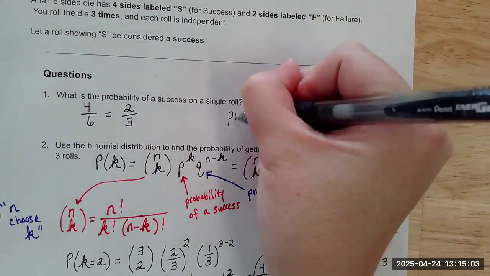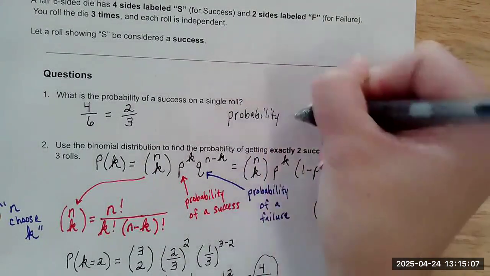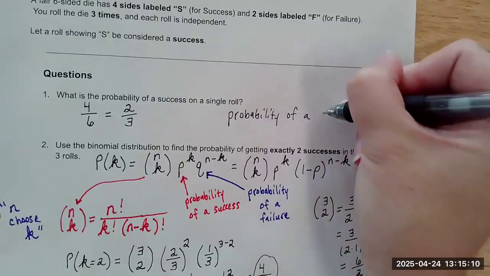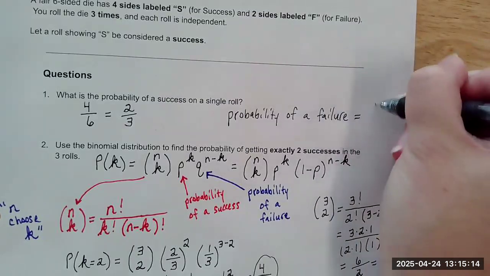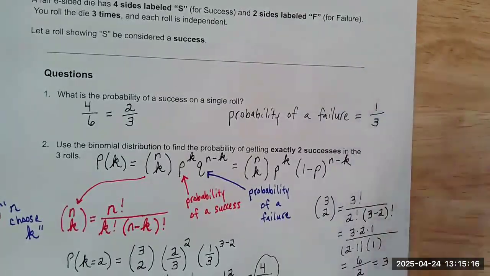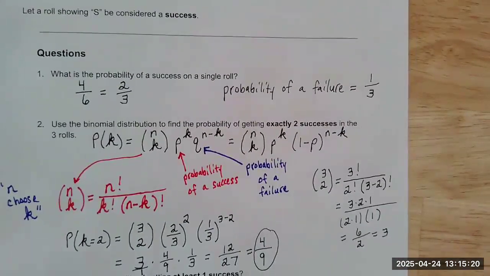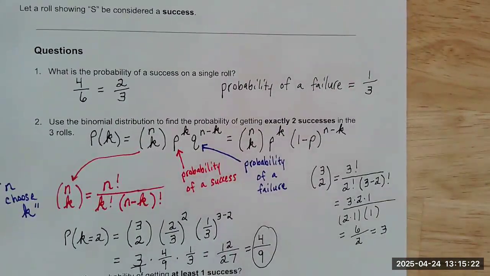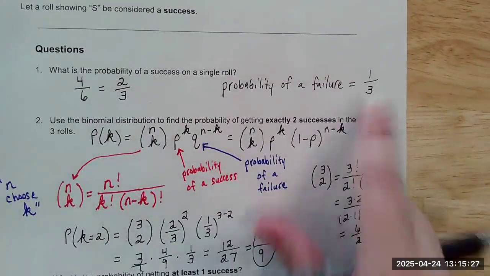So the probability of a failure is 1/3, because they got to add up to 1. They didn't ask for that for this part of the problem, but if we know that the probability of success is 2/3, then the probability of a failure is 1/3.